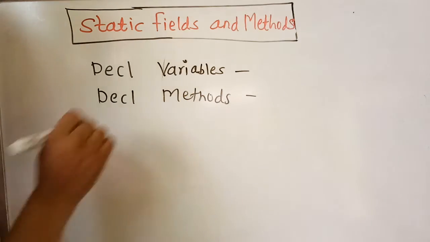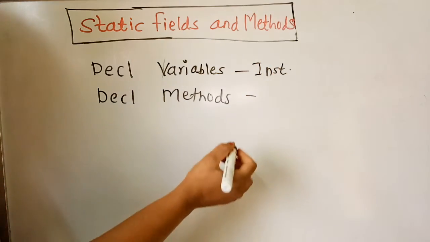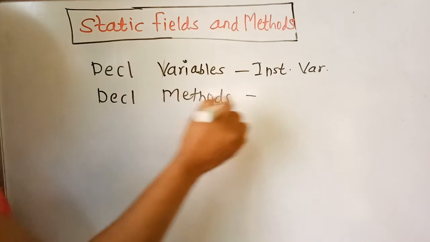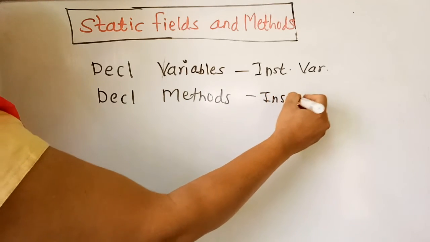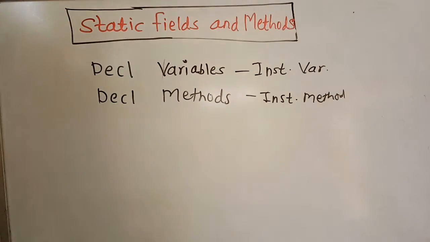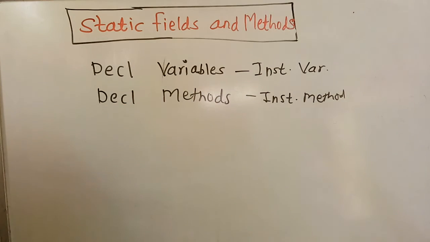Declared variables are instance variables, and declared methods are instance methods. Why do we use the word instance here? Because every time the class is instantiated, a new copy of each of them is created.